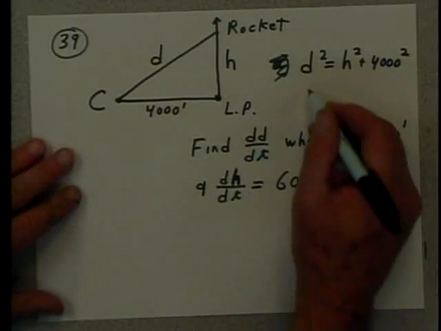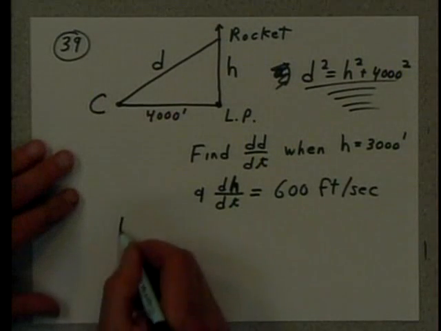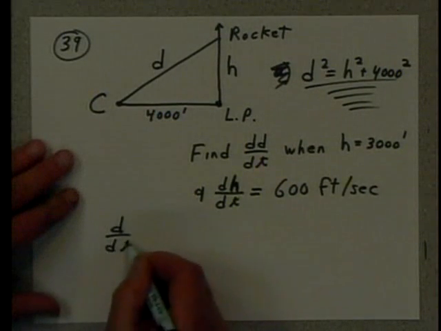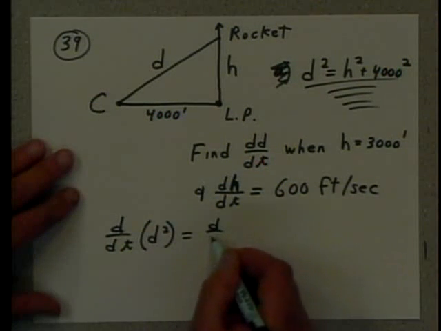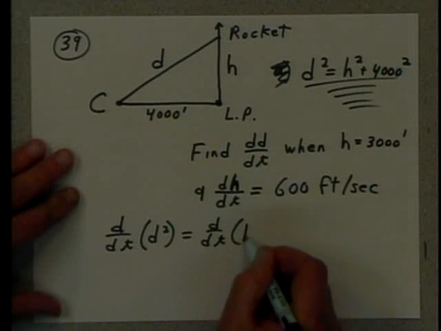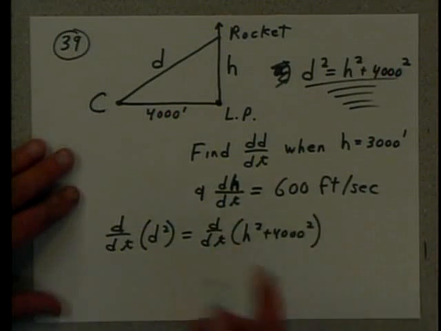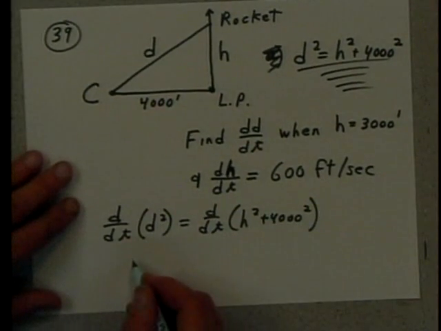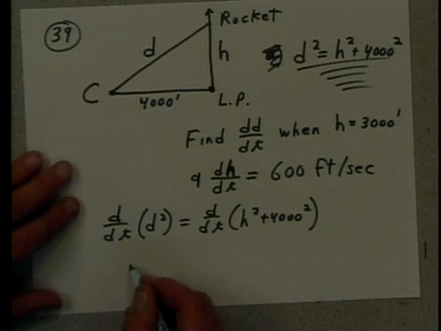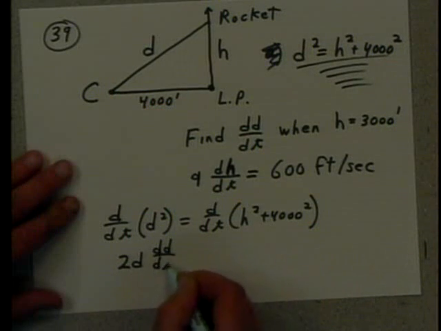All right, now we'll go back to this equation that I underlined several times and take a derivative with respect to t of each side. Okay, what's the derivative of D squared with respect to t? 2D times dD/dt.